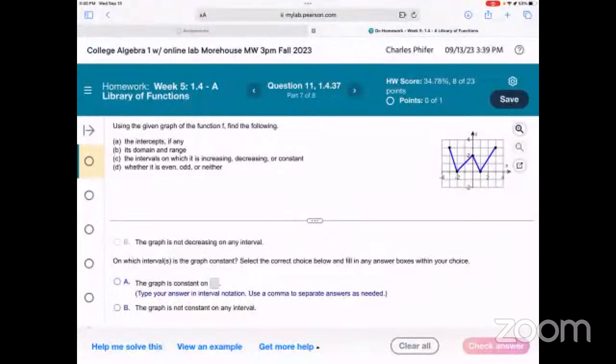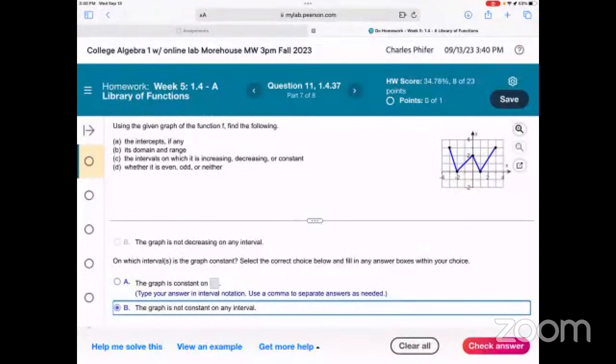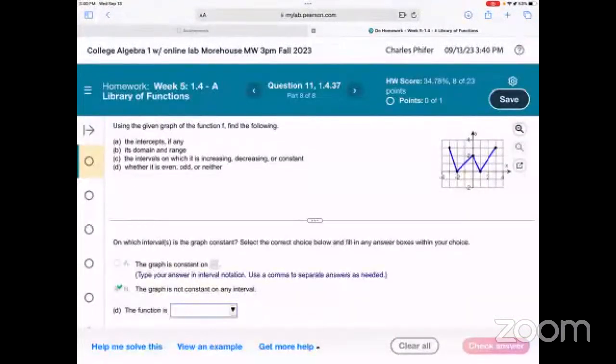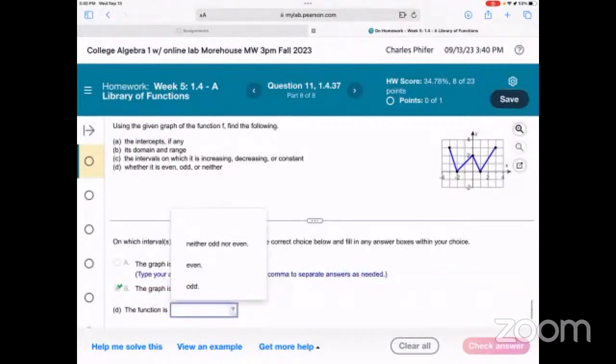Constant is not constant anywhere. Is there any kind of symmetry? It almost has y-axis symmetry, but not quite. So there's no symmetry, so we're going to say it's neither even nor odd.